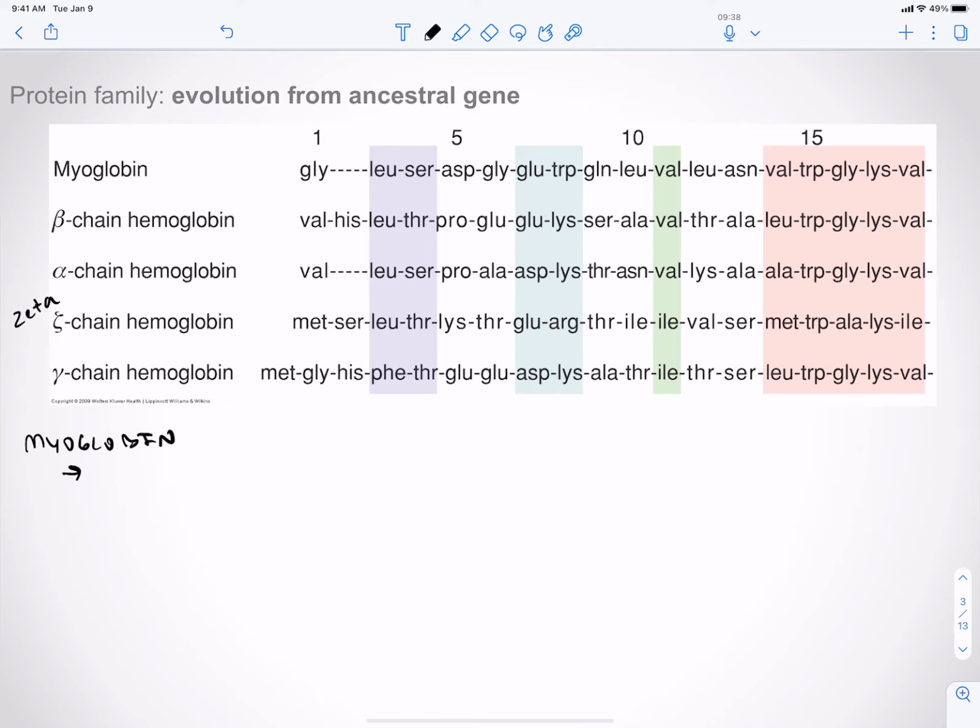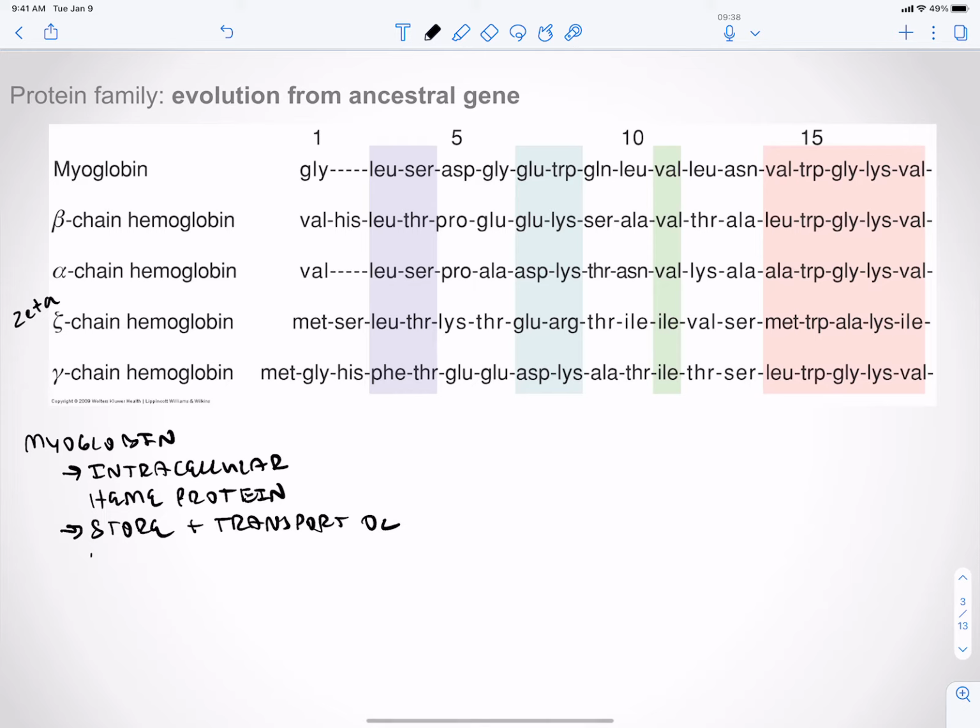this is going to be an intracellular heme protein. This is going to be able to store and transport oxygen to mitochondria. And it's a single polypeptide with one heme binding site.